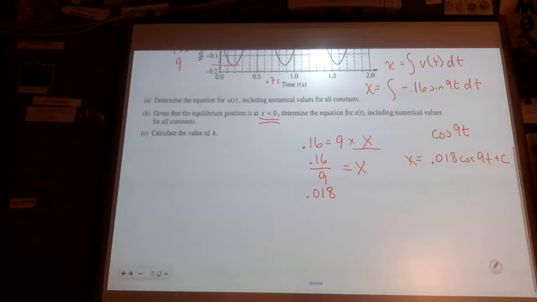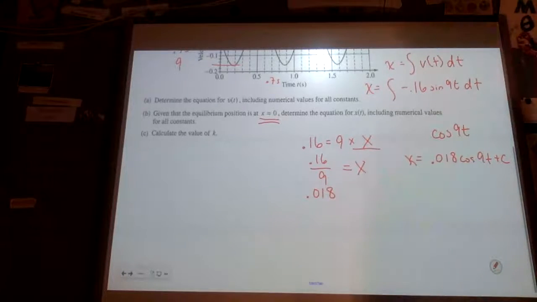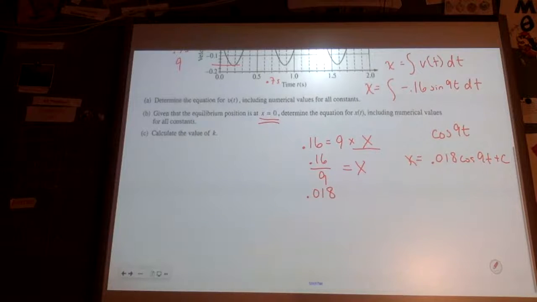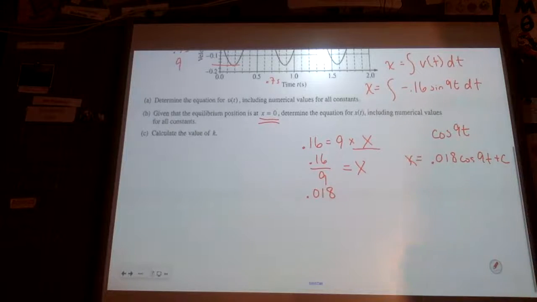And we know that x is at equilibrium at x equals 0. So that's our function.